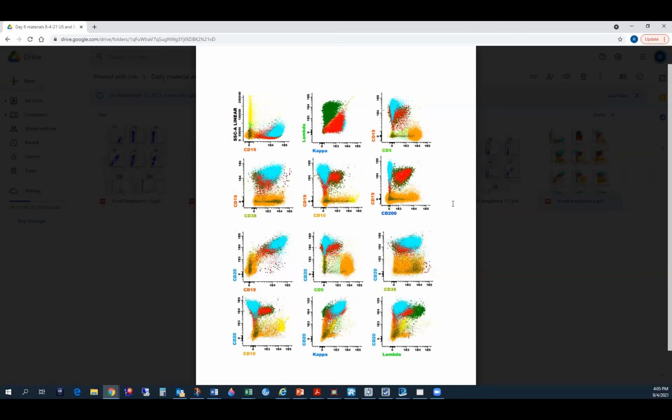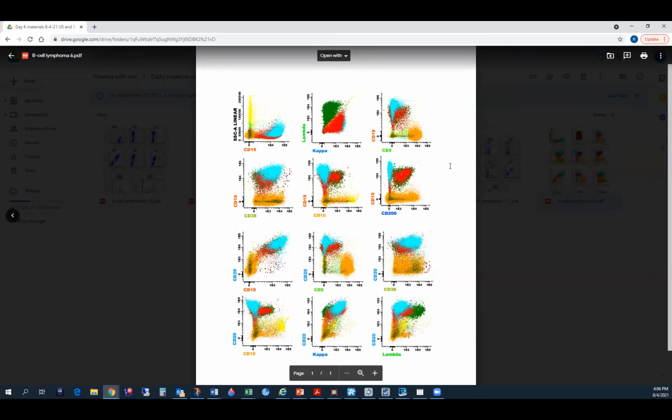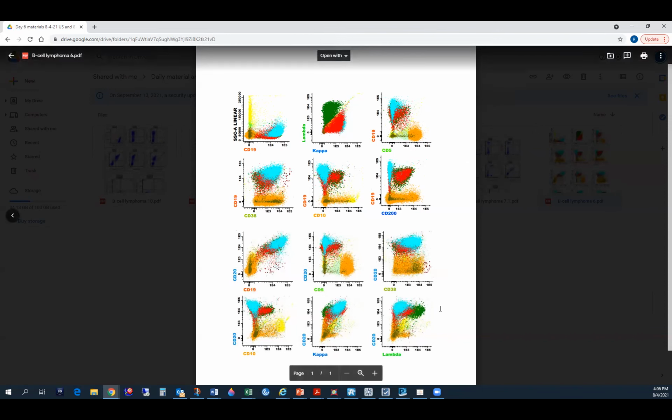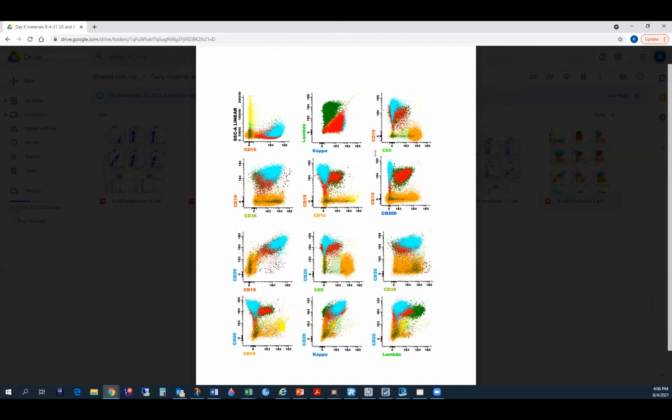This was a 5 negative, 10 negative B cell neoplasm. But this is a lymph node. So by morphology, we did not have much suspicion for hairy cell. But considering how bright the 19 is, 20 is, and how it is negative for 5 and 10, do you think this can be hairy cell?